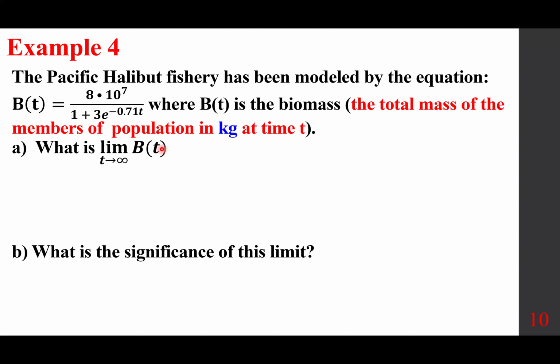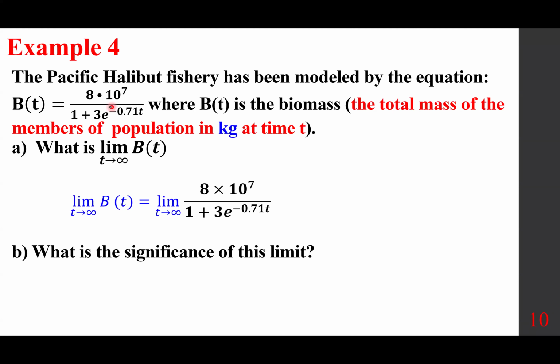What is the limit of B of t as t approaches infinity, and what does it mean? What is the significance of that? Well, we're going to take the limit first, see what we get, and take it from there.